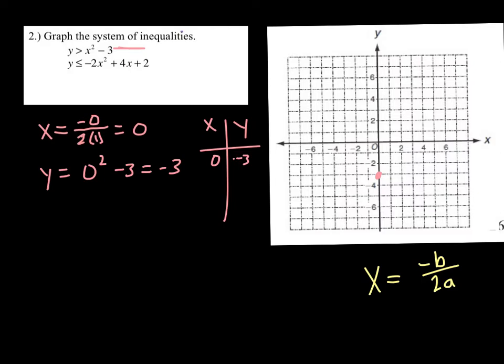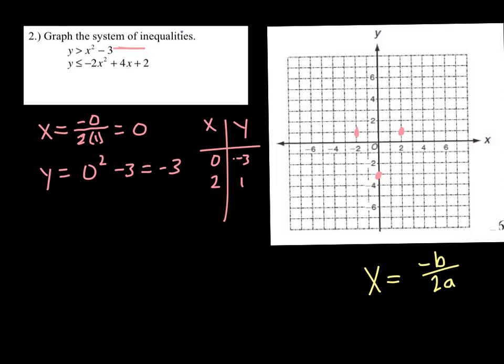So I'm going to plug in 2. 2 squared is 4, minus 3 is 1. And then I can just reflect that over to my other side. Now, just like a linear inequality, your sign determines if the line you draw for your parabola is going to be dashed or solid.